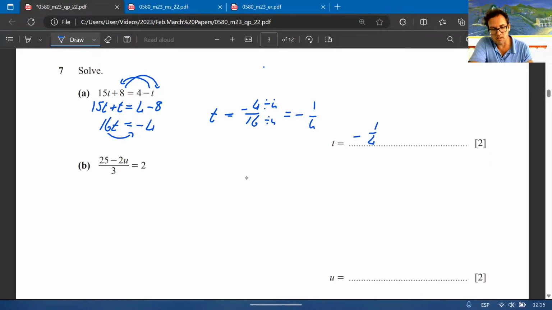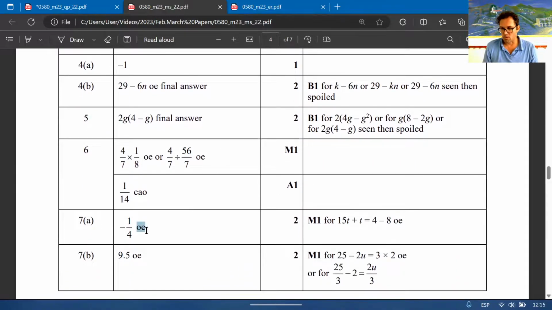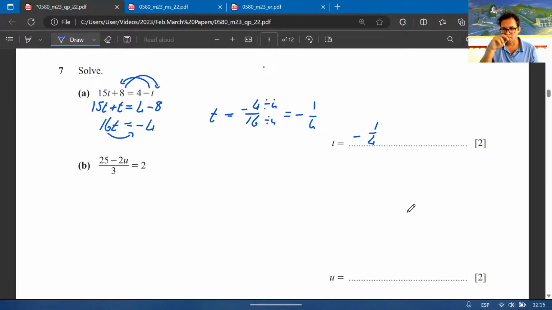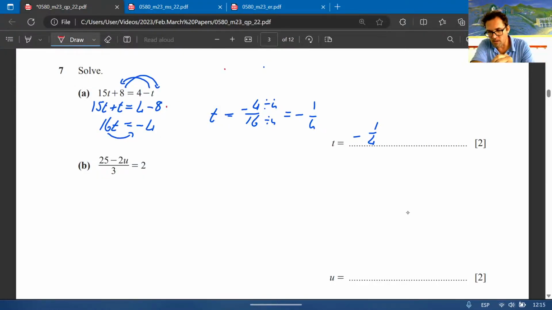Okay, minus 0.25, anything like that. See, it says or equivalent. So I'm sure if you write a decimal, minus 0.25, that's correct. And yep, they give you a mark for just rearranging, basically, like that.